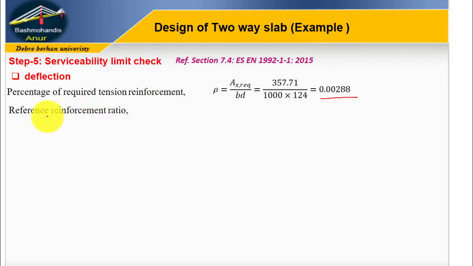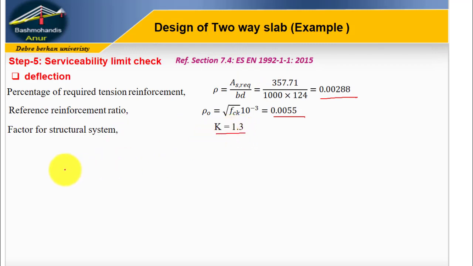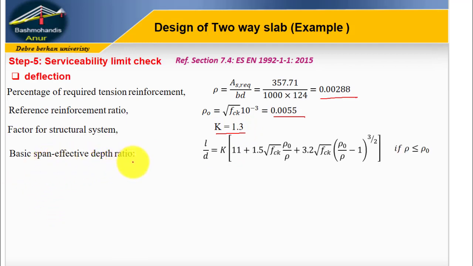0.0288. Next, we have to calculate the reference reinforcement ratio, rho naught, which is 0.0055. Next is the factor for the structural system, K value. Refer to Section 7.4; for this specific example we take K equals 1.3. Then the basic span effective depth ratio formula is a very long formula. We use this formula if rho is less than rho naught.